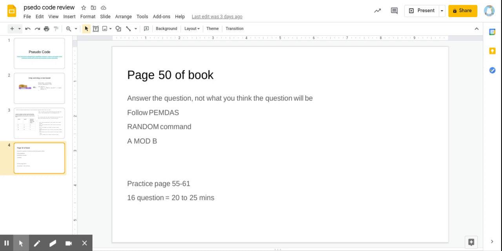Next, number 3 on page 51. You need to understand what the idea of a random output, or a random generator, means. The word random literally means anything, okay? But usually there's some type of limitation to random. So if you're looking at page 53, you're picking something for A from 1 through 10 inclusively.